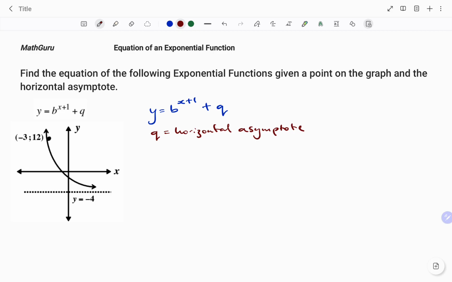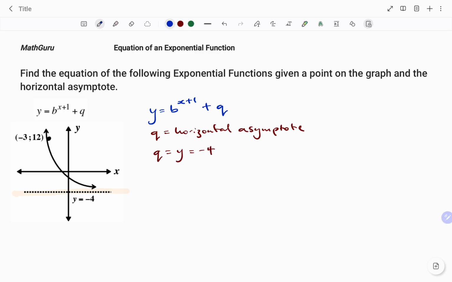So if you look at the graph given, we can see that we have the dotted line as shown crossing the graph on the y-axis at y equals -4. So what that means is the value of q is equal to y, the horizontal asymptote, which is equal to -4.